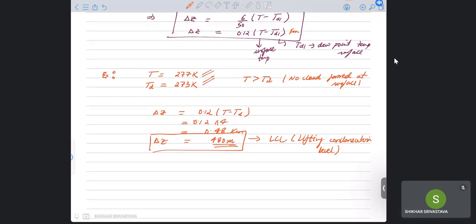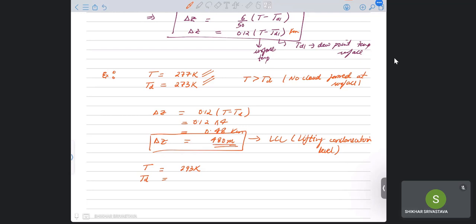Or suppose, if you take a more realistic example, in our place the temperature is some 30 degrees centigrade, so it is 303 Kelvin, and the dew point temperature maybe you can take at 18 degrees centigrade.